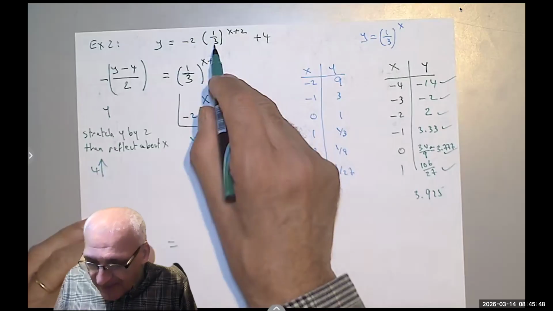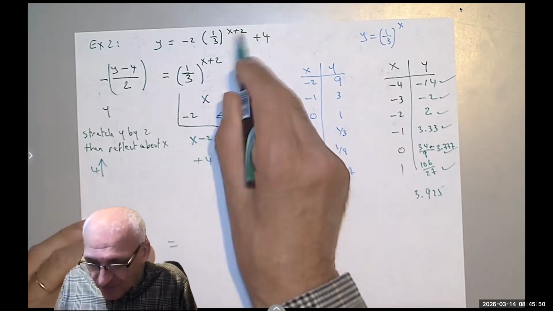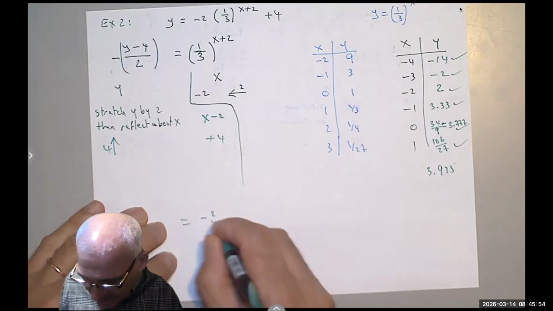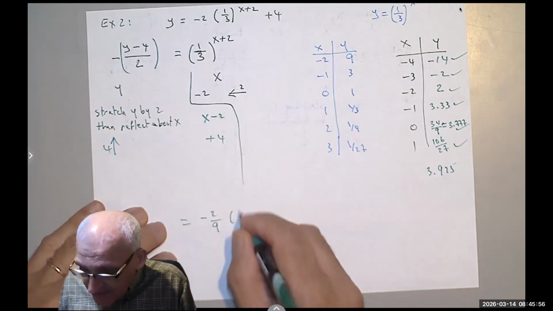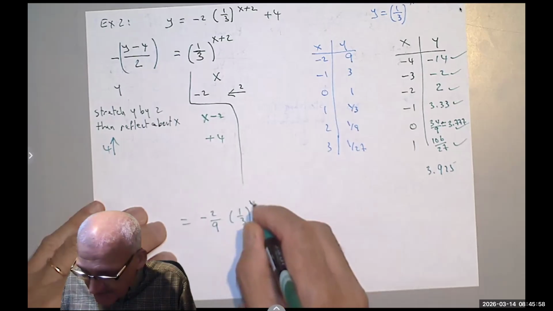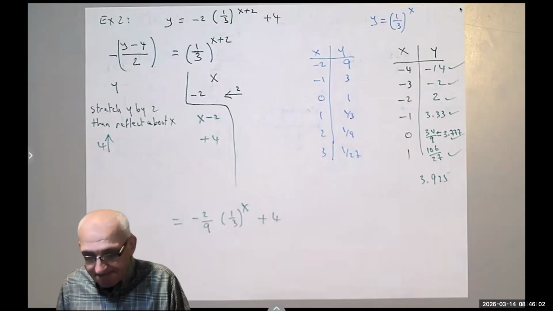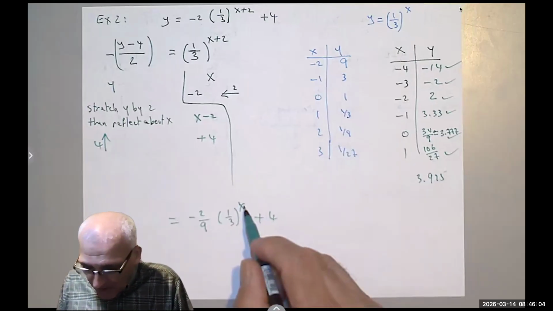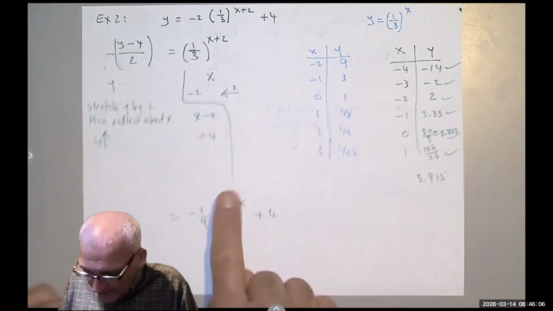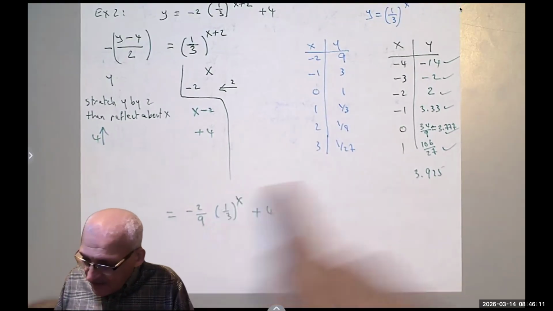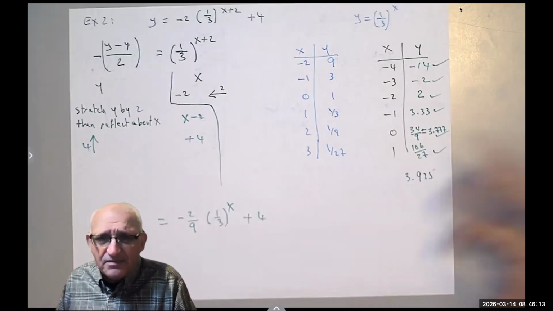I could have multiplied 1/3 square, which is 1/9, times, I can write this as -2/9 times 1/3 to the x plus 4. It's the same thing. Meaning if x is 0, you get 4 minus 2/9 or 34/9. It's the same equation.